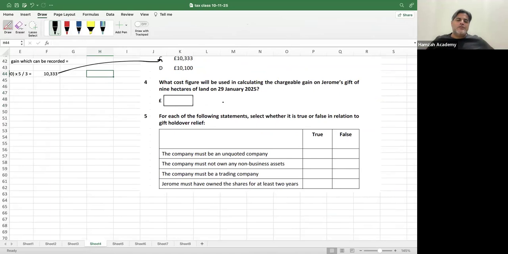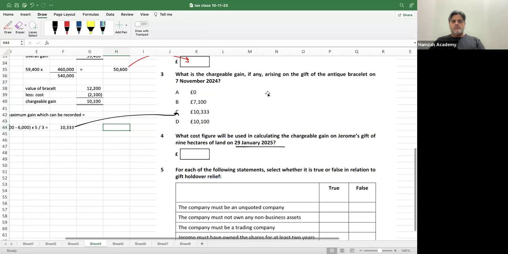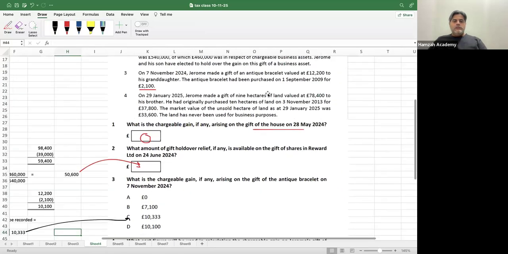Then, what cost figure will be used in calculating the chargeable gain on Jerome's gift of 9 hectares of land on 29th January? On 29 January, Jerome made a gift of 9 hectares of land valued at 78,400 to his brother.